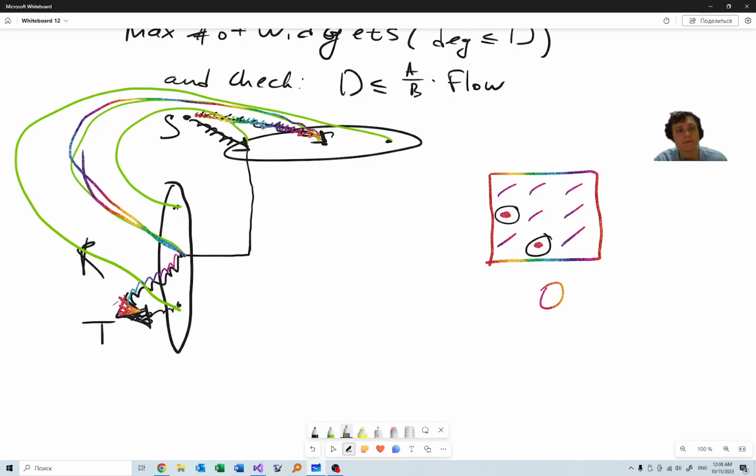And this is some sort of disaster because you were not allowed to do it. You see, actually this edge can only correspond to this edge, but we paired it up with this edge, and this should not be allowed.